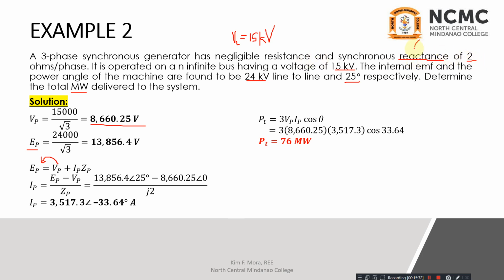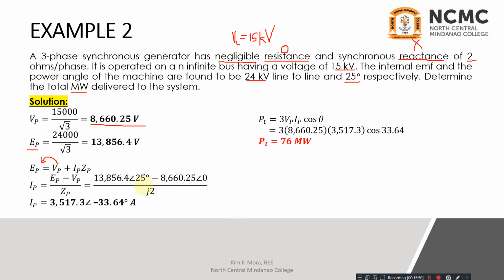This reactance is our X. The resistance is negligible, so that means we have a resistance of 0. So 0 plus j2, or in short, that is actually j2.